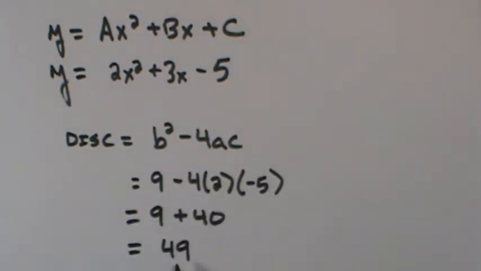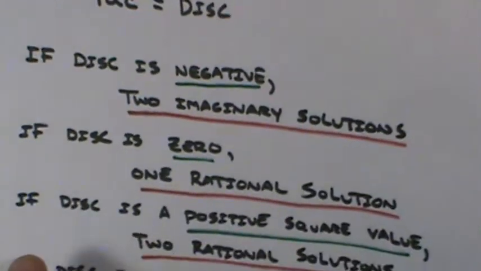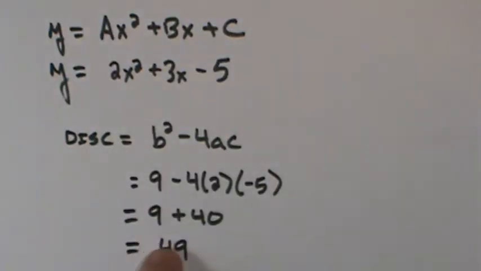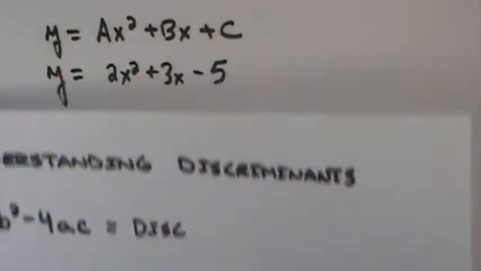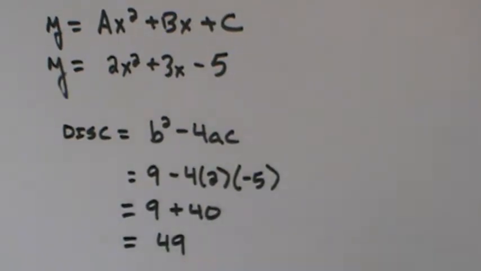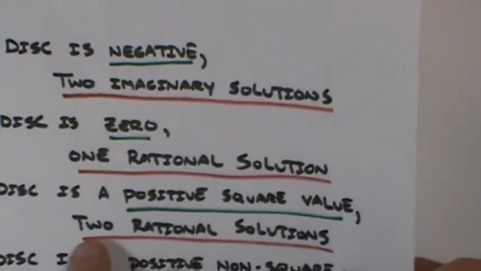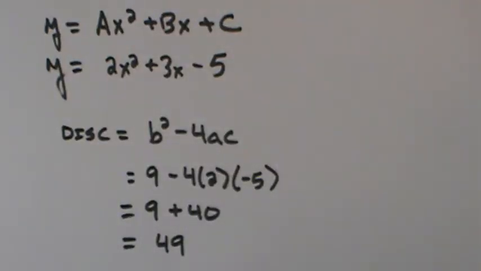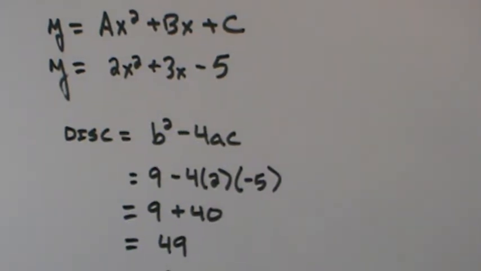Now, 49 I recognize as a square value, which means, go to my chart here, if the discriminant is positive, check, it's positive, and a square value, 49 is square, you see, then I will have two rational roots. And that's pretty typical.